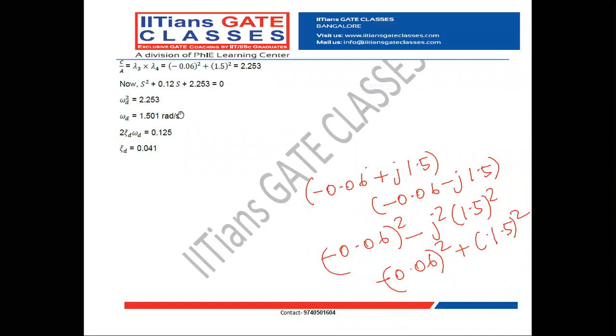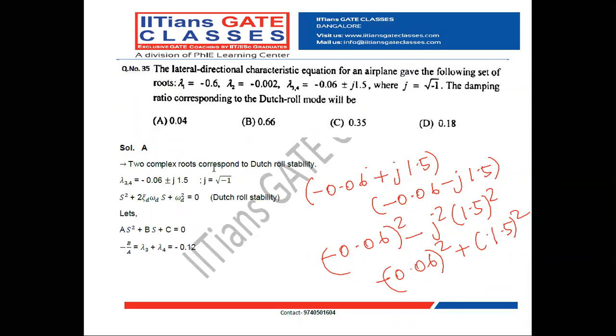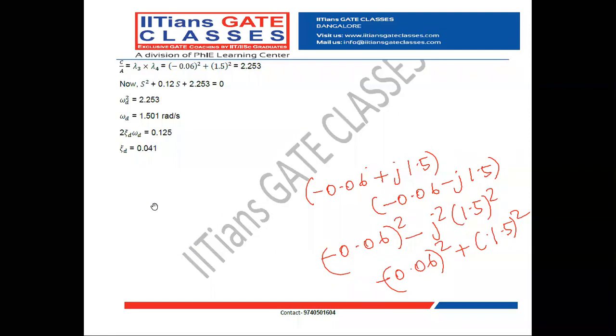So the damped natural frequency is 1.501 radian per second. Comparing the other term, 2 into epsilon d into omega d equal to 0.12. We already know omega d, so substituting that, we get epsilon d equal to 0.041.